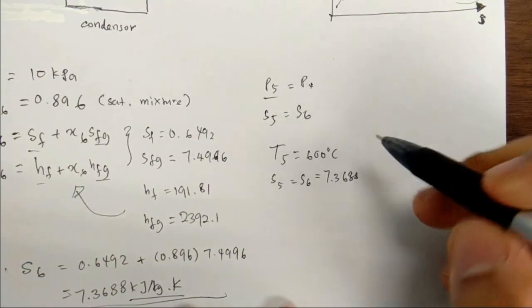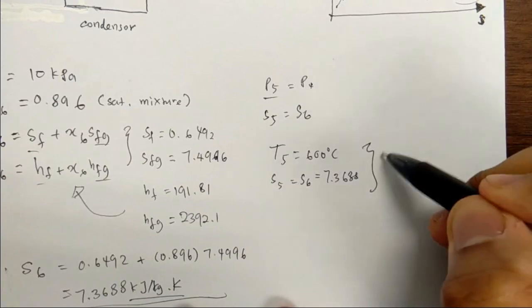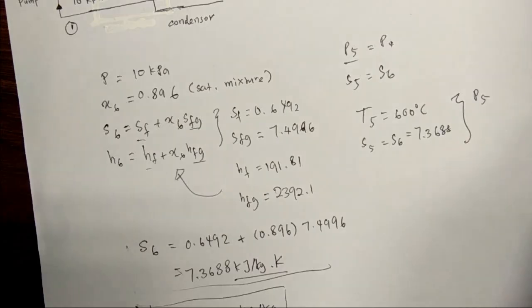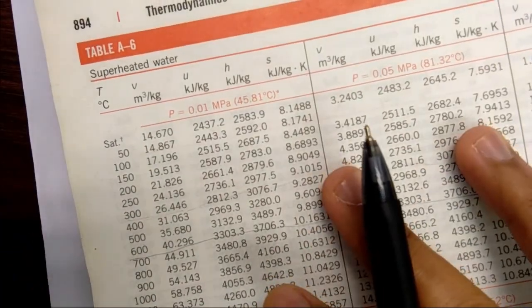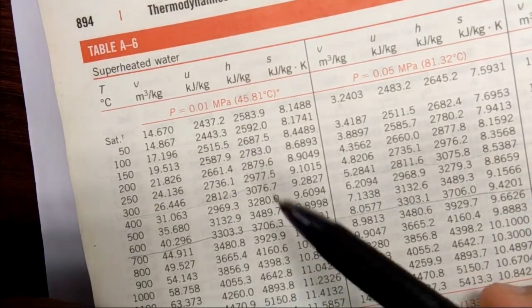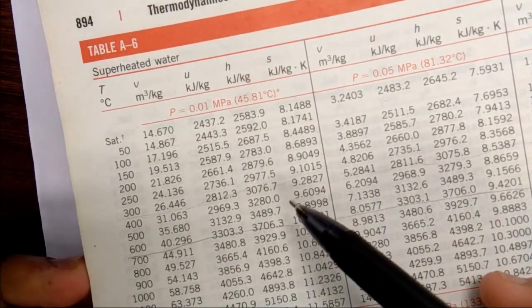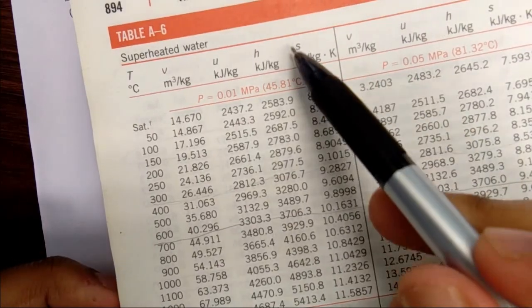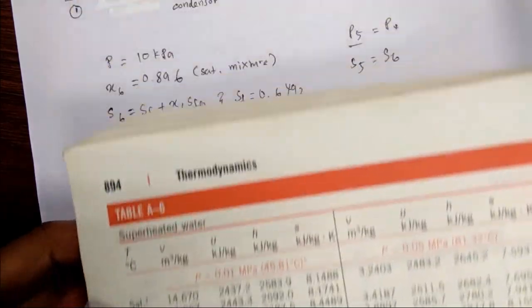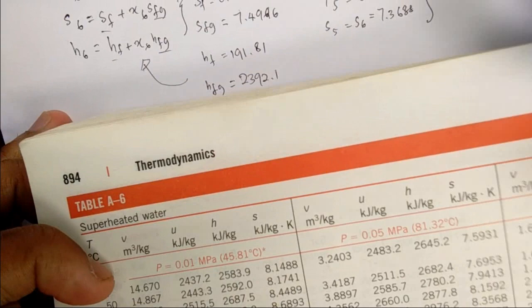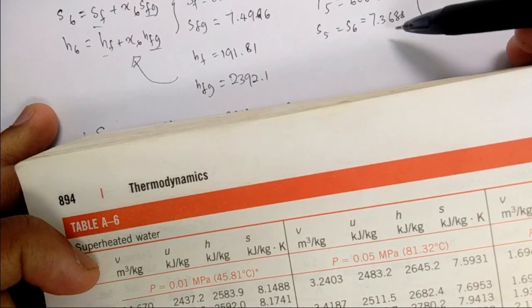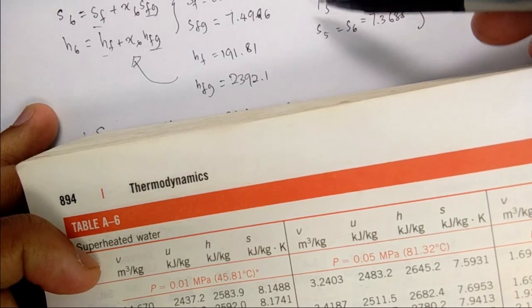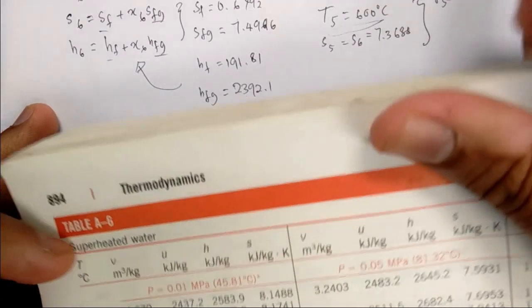Okay, so we can find the pressure at 5 by referring to table A6 to find the value of P when S is 7 point something, at the temperature of 600.